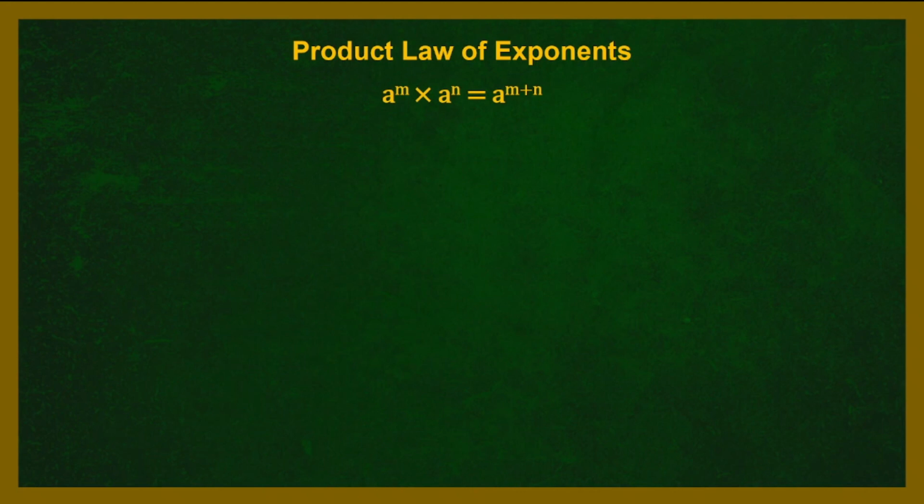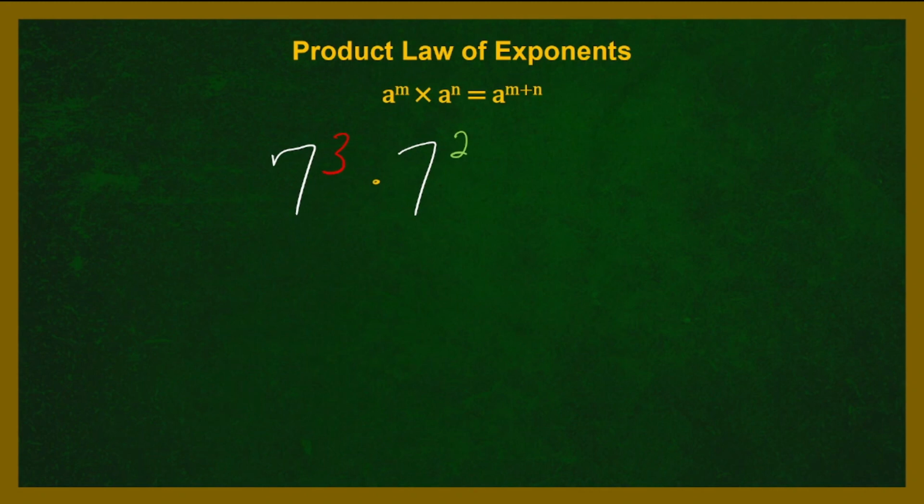Let's look at an example where a is 7, our exponent m is 3, and again a is 7, that's our base, and our exponent n is 2.